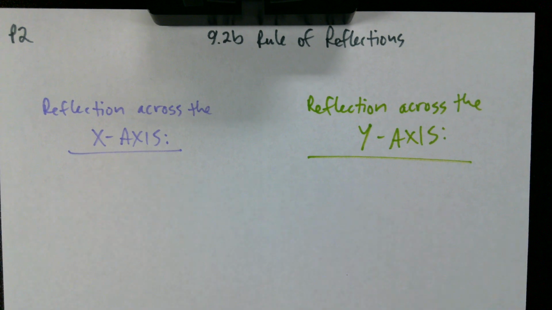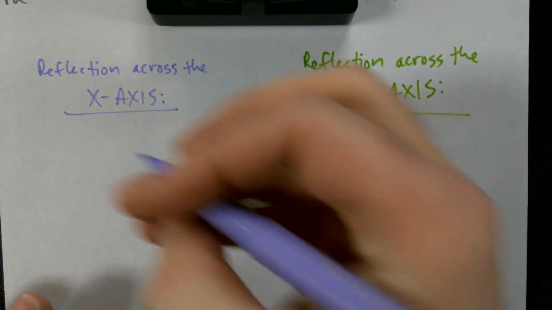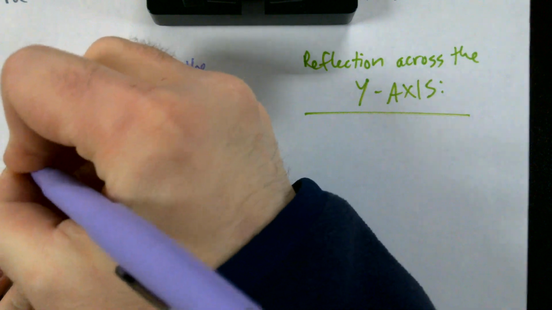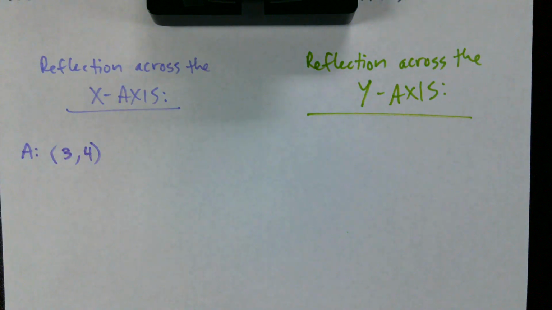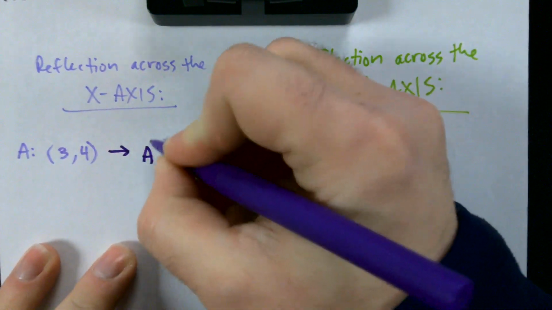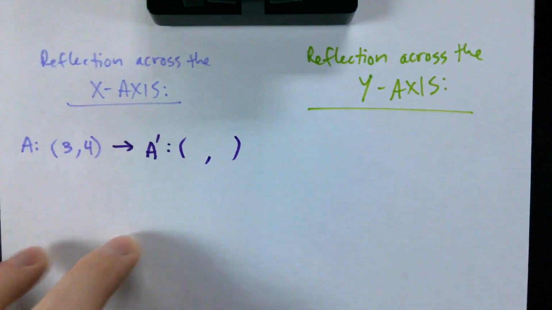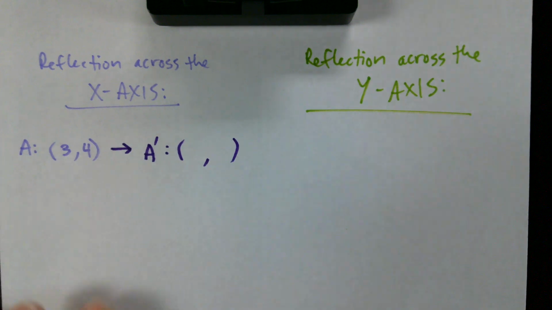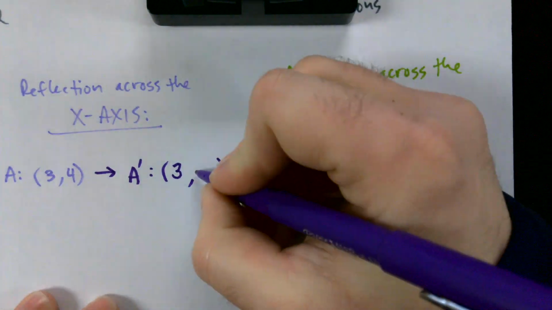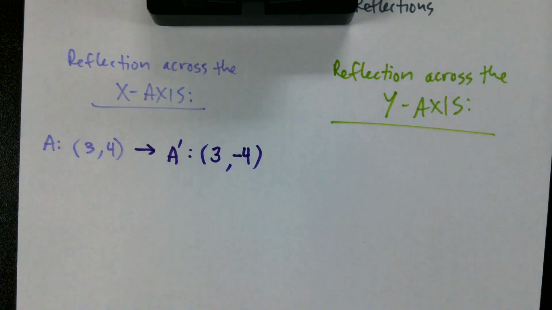So if we're reflecting across the x-axis, let's say that we have a point, we call that point A, and A is located at (3, 4). When we reflect point A across the x-axis, that (3, 4) turns into (3, -4).